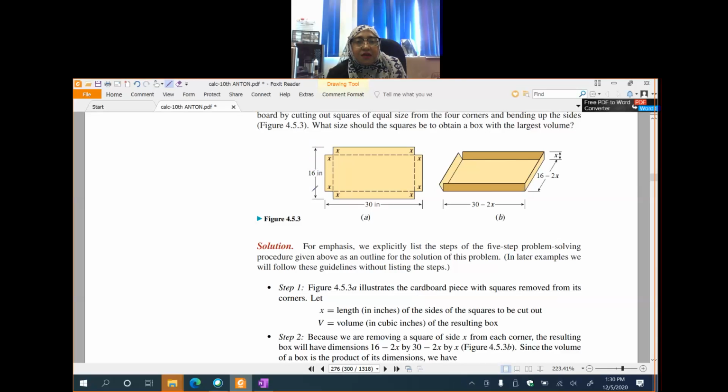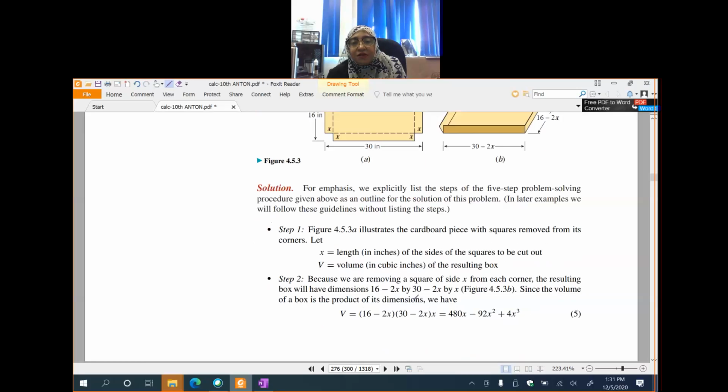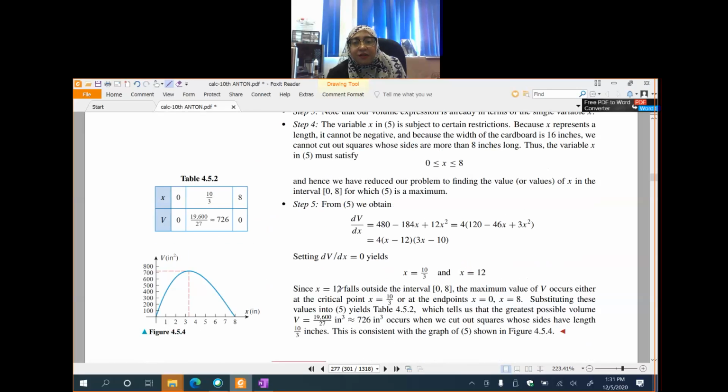Why is that? Because if the length of this is 16, the maximum value for x that it can reach is only 8, because 16 divided by 2 gives you 8. So for x equal to 12, it's outside the interval 0, 8.